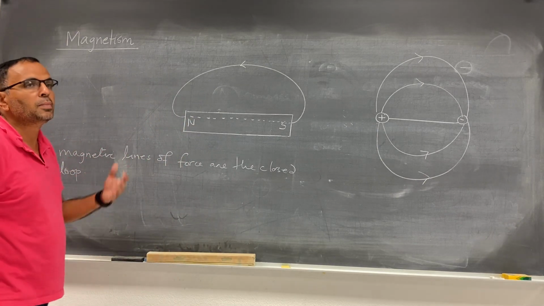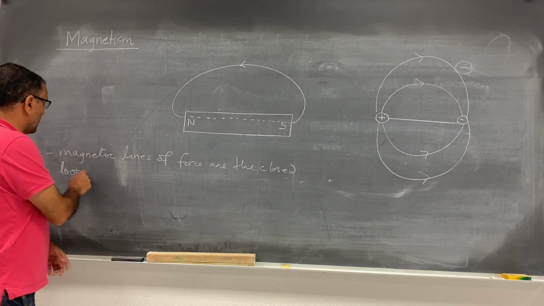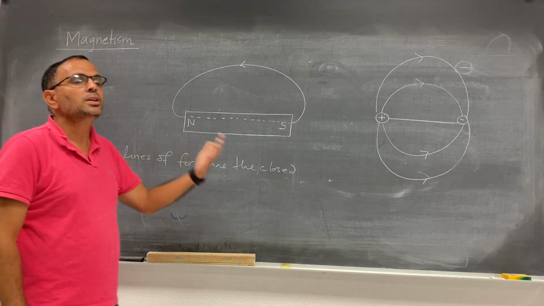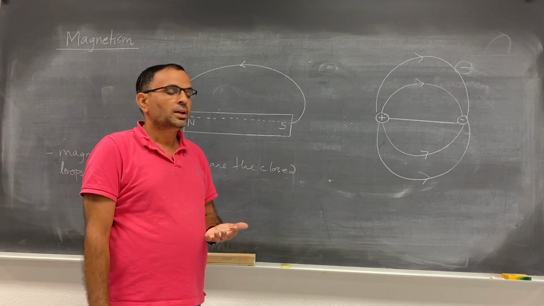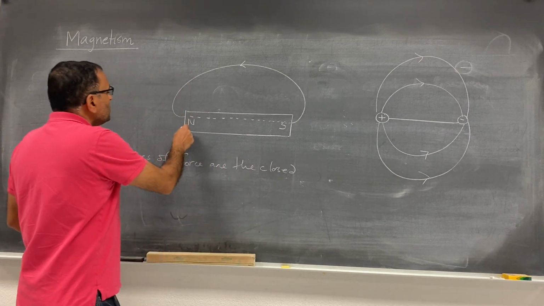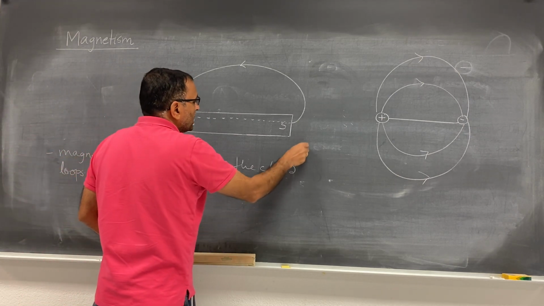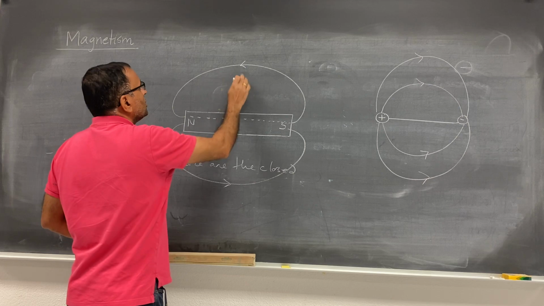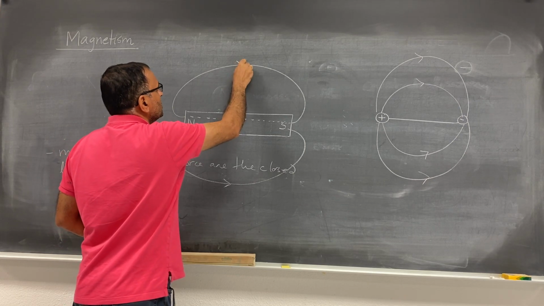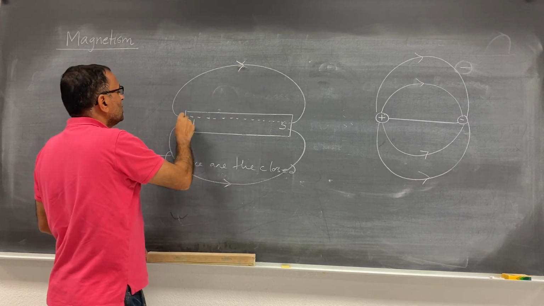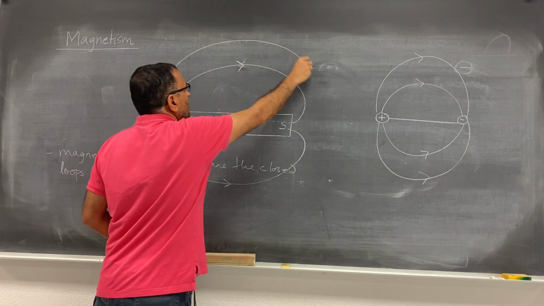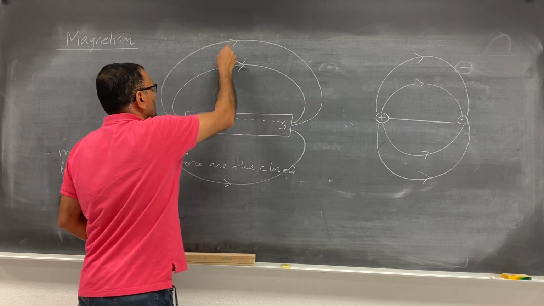But of course, the magnetic lines of force start from the north pole. If you want, you can draw as many as you want, like this. Oh, this is wrong. You have to start from north to south. So you can draw another one this way.